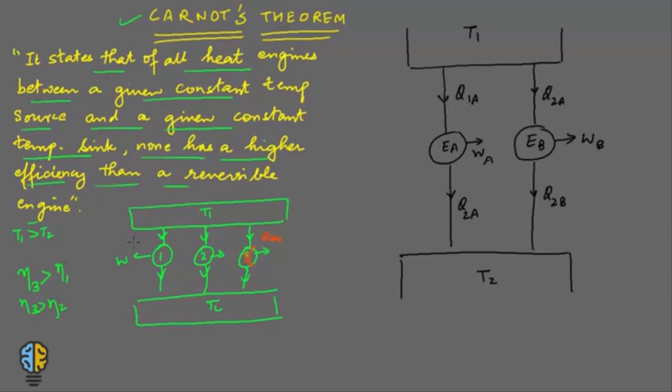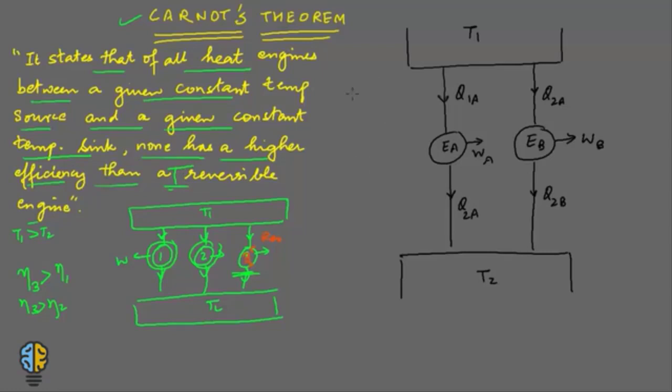You cannot comment on the efficiency of engine 1 and engine 2 because there is no comparison given to us between them. But of all the three, the third one will have the highest efficiency because it is a reversible heat engine, and a reversible heat engine is one which is the Carnot heat engine. So in a nutshell, you can say that as per Carnot's theorem, Carnot's engine has the highest possible efficiency.